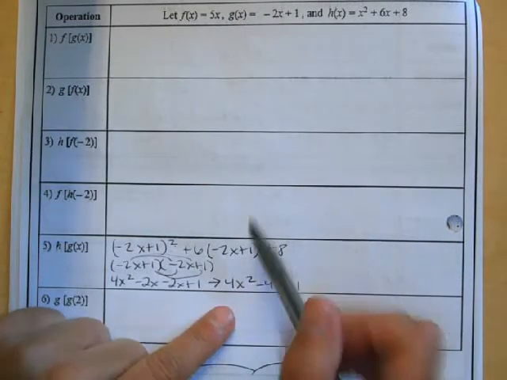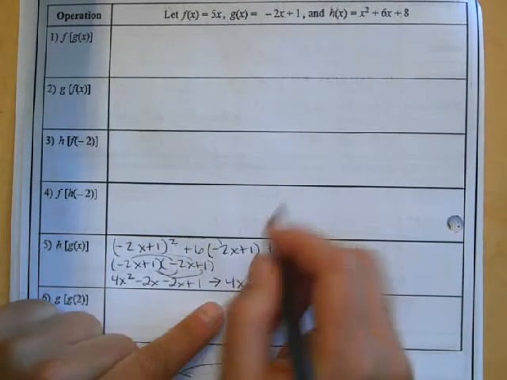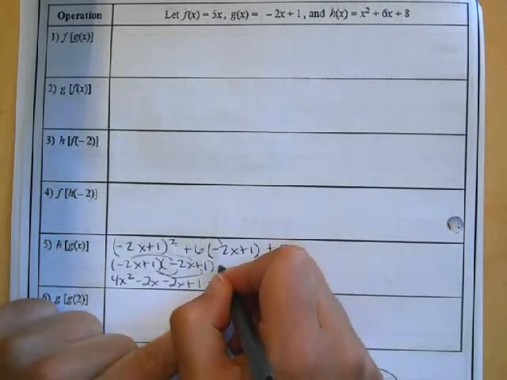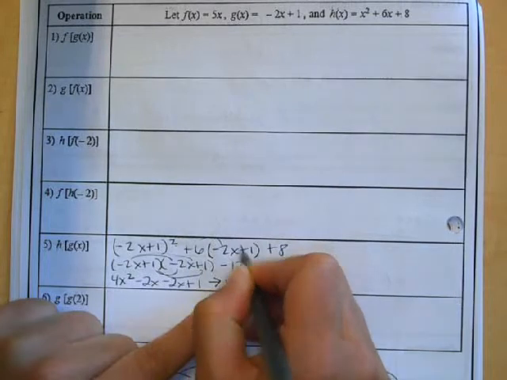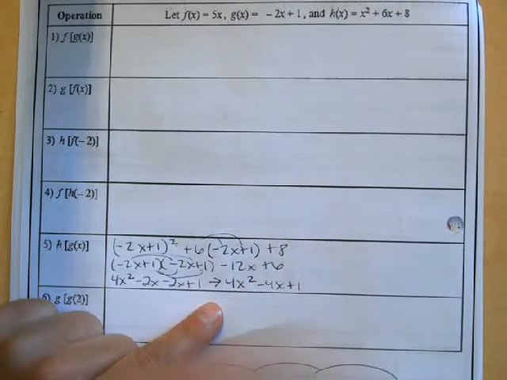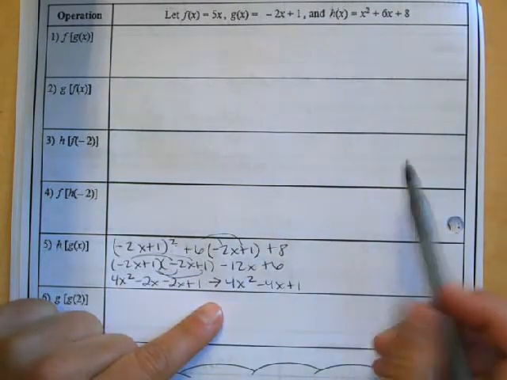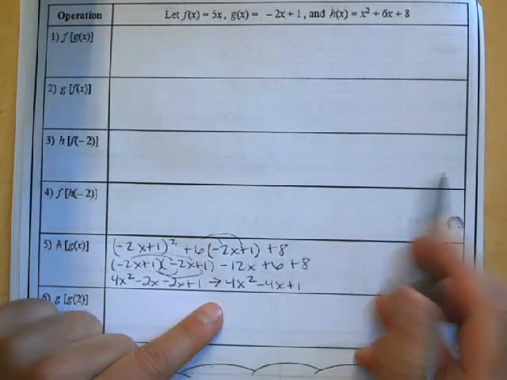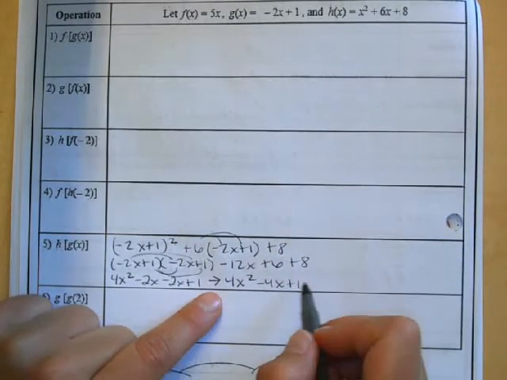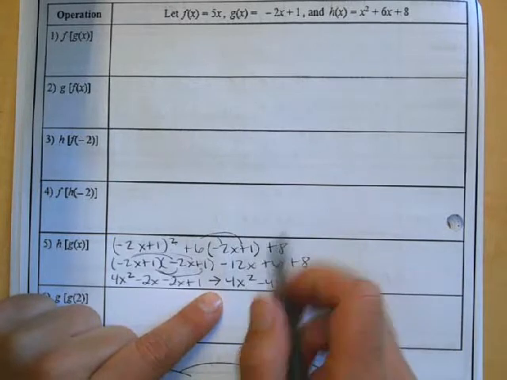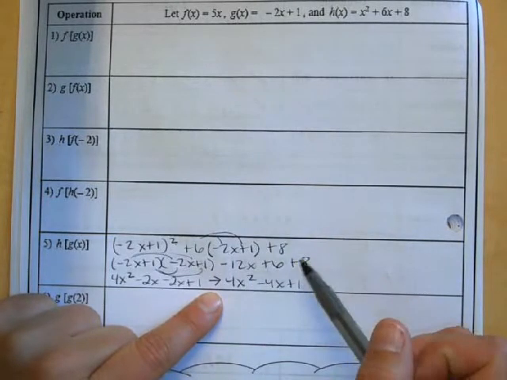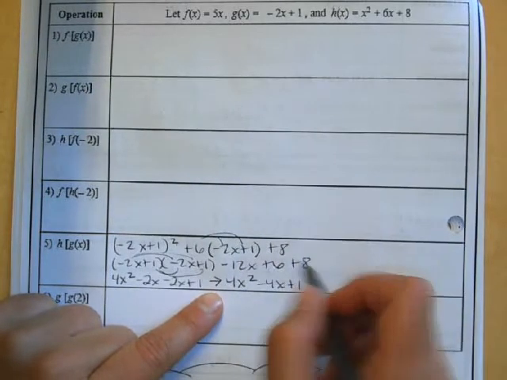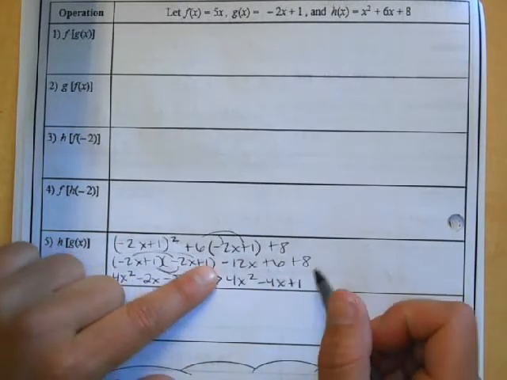And then I'm going to now distribute this. So we have 6 times negative 2x is a negative 12x, and 6 times 1 is a positive 6. And then we have our plus 8 back here. So I'm going to combine these like terms and then bring it down here with the rest of this. Actually, we could just combine all like terms right here.